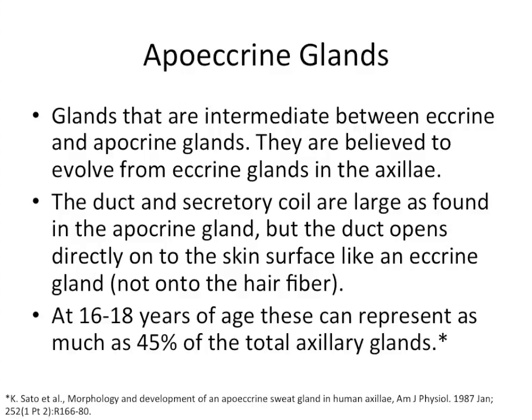At the peak of puberty, at 16 to 18 years of age, these glands represent as much as 45% of the total axillary glands. So it's a very important part of axillary sweating.